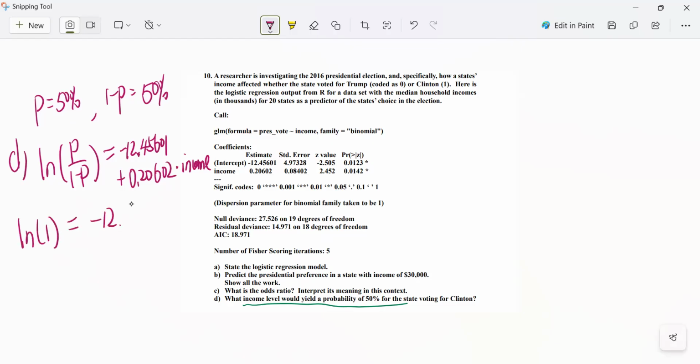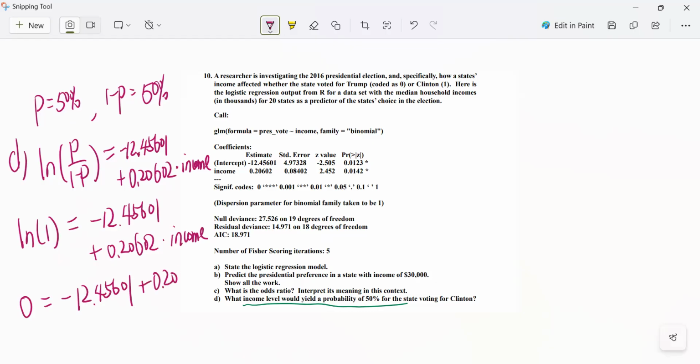So 0 equals minus 12.45601 plus 0.20602 times income. So the income is going to be equal to 12.45601 over 0.20602. That looks like it's around 60K, right?